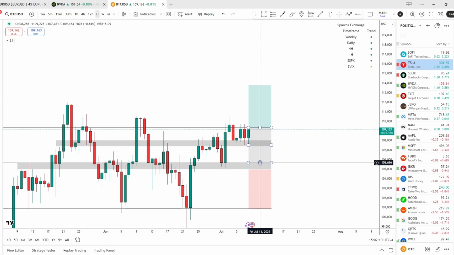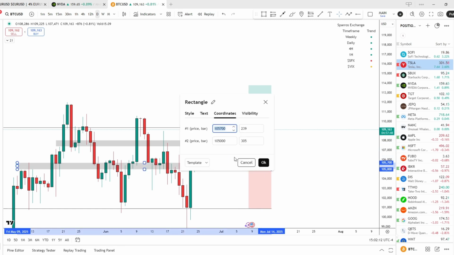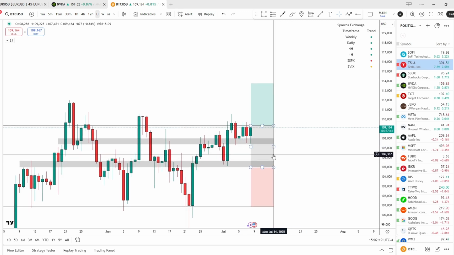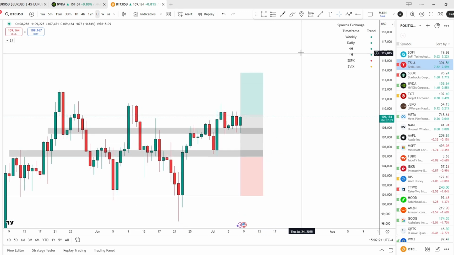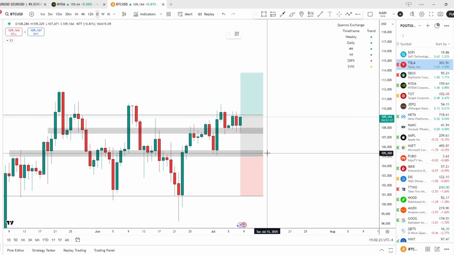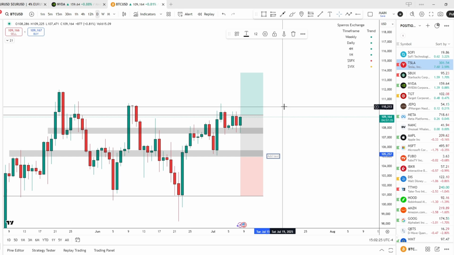Actually, I don't like how that is. We want to extend that further down. There we go. So I did want this untradeable zone to cover 105. I'm going to put the little visuals up here. 105.